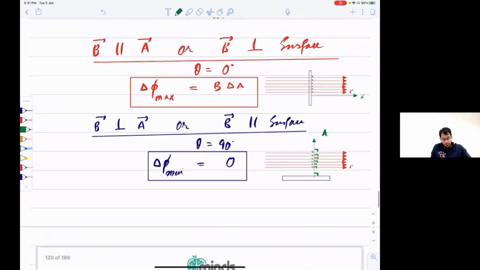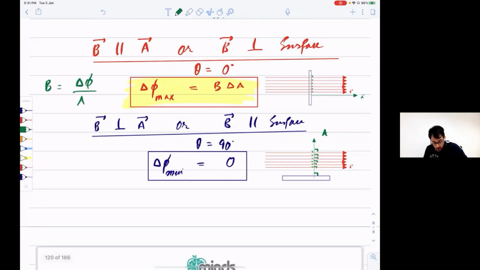If you look at this equation, if I say derive the equation for B, what will you say? B is flux over area. Remember, anything divided by size is known as density. So this is flux divided by area. So can I say this is flux density? That's why this B is also referred to as magnetic flux density.